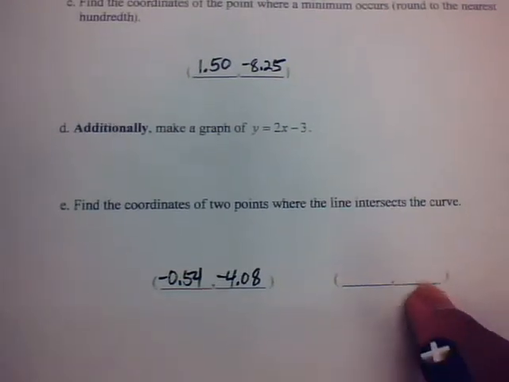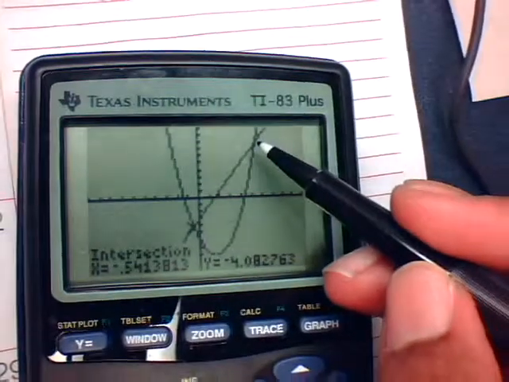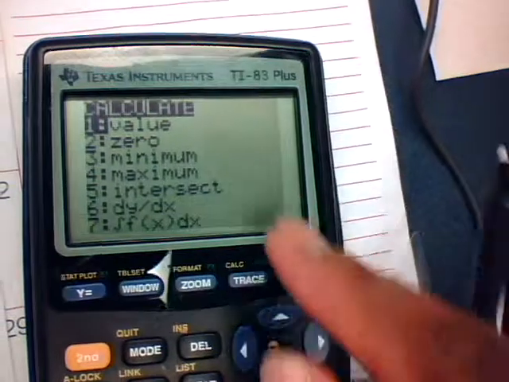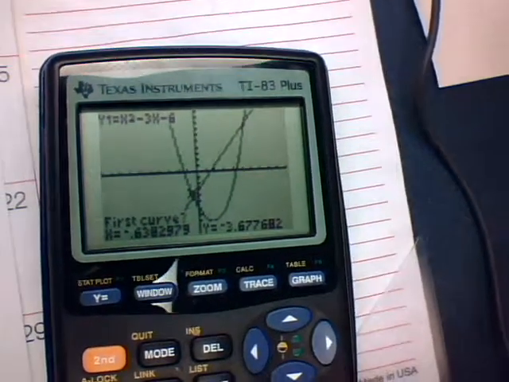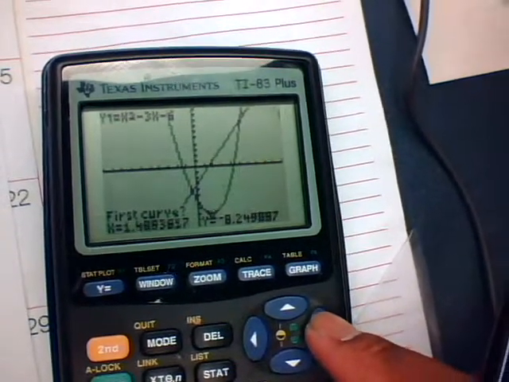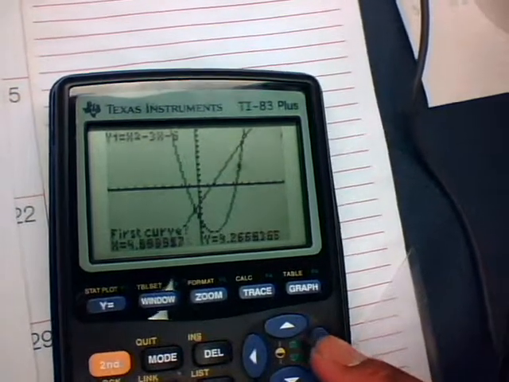Now we need to find the second point of intersection. That's this point of intersection way up here. So again, we'll press second and trace. And we're going to select intersect, which is number 5. And then for that first curve, we want to put that blinking cursor as close to that point of intersection as you possibly can. And you're going to have to use your right arrow key to do that one.